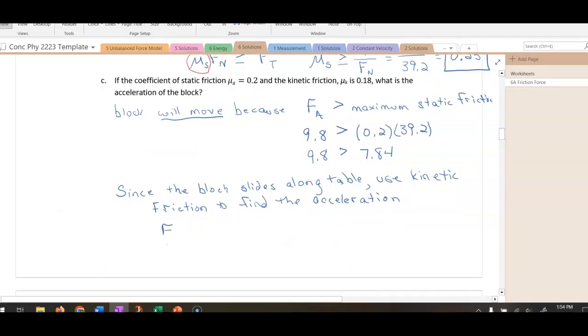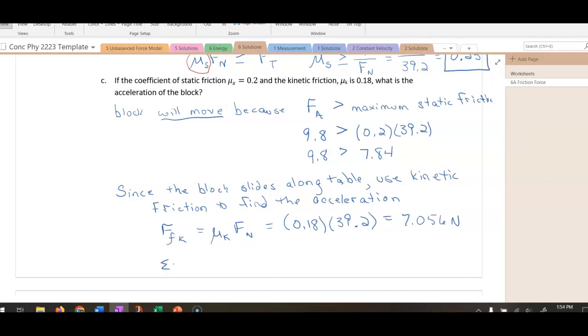So the kinetic friction is going to equal the coefficient of kinetic friction times the normal force, which is 0.18 times 39.2, which is 7.056 newtons.